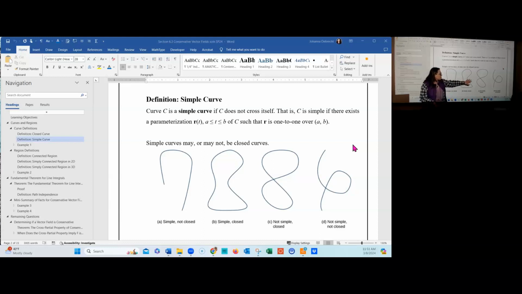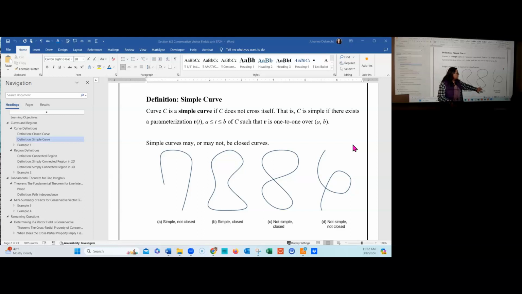When we look at these curves, the one on the far left is not closed, but it is simple. It never intersects itself. But because you don't end up where you started, it's not closed. The second one is both simple and closed. It does not intersect itself, and it forms a loop.